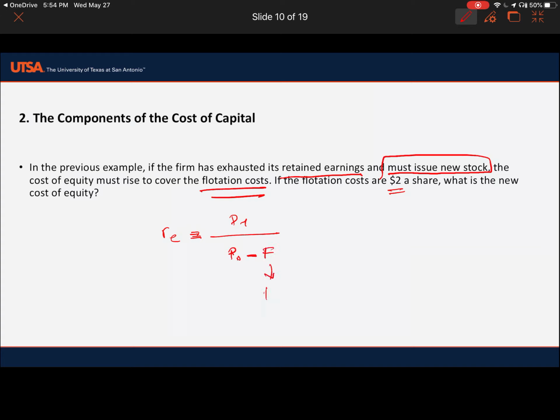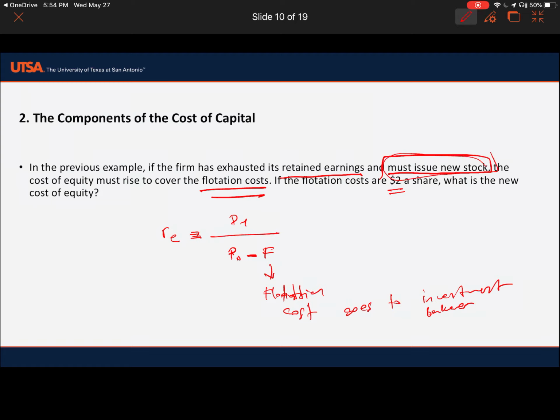Flotation cost goes to the investment banker for their service of issuing new stock.